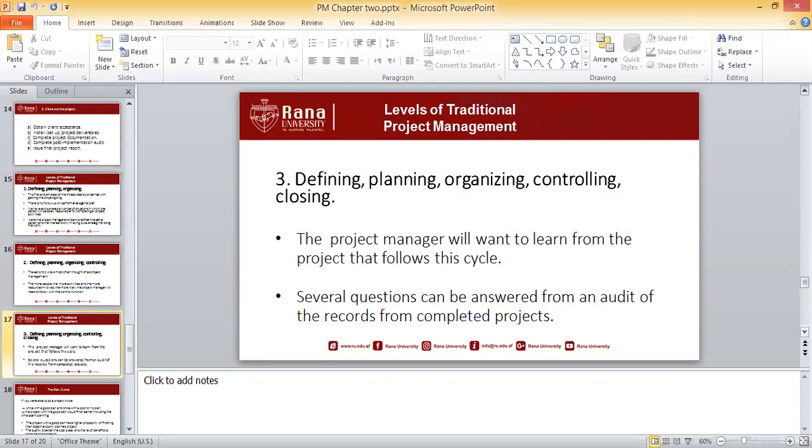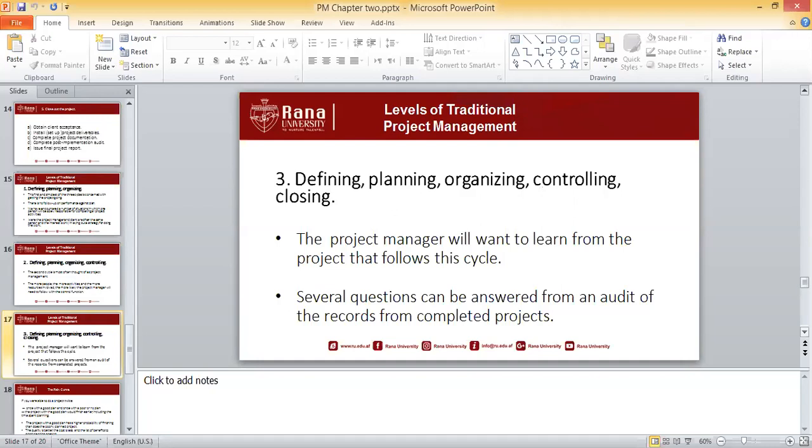The project manager wants to know what lessons have been learned from these projects, what methodologies were implemented, what the success criteria were, and how much the project has achieved its deliverables. So the project manager will rely on the third level of traditional project management, that is closing.